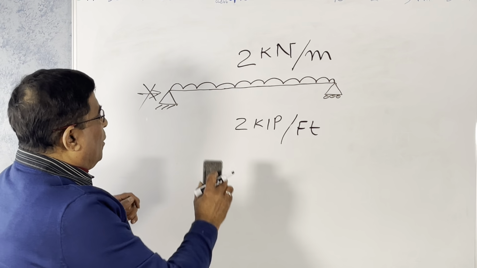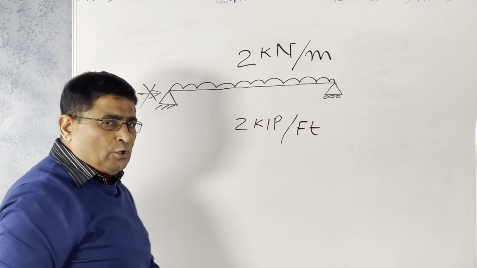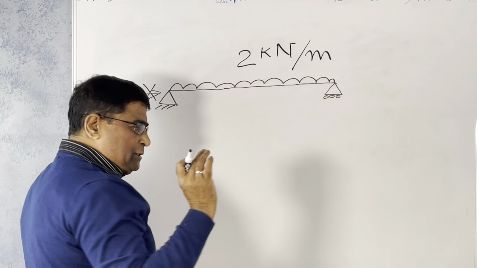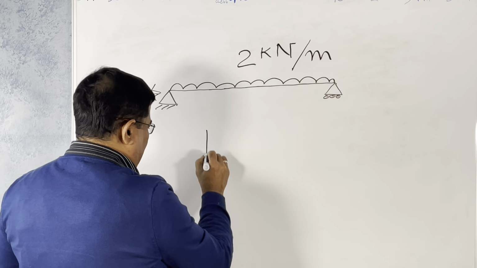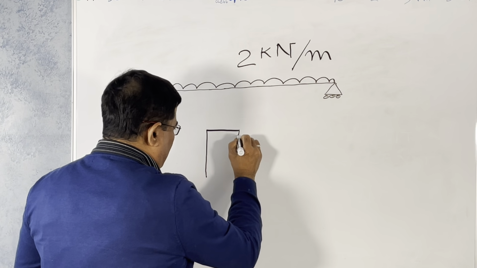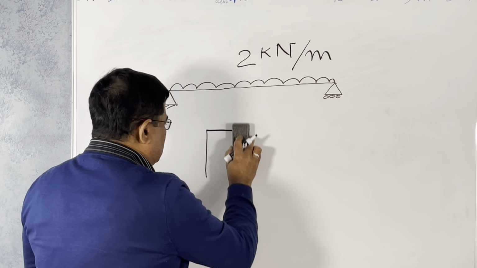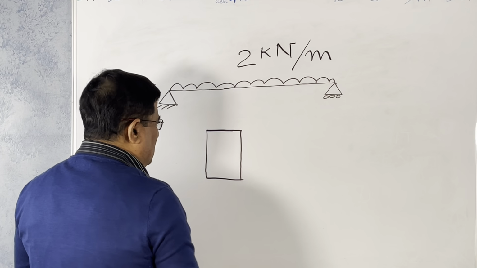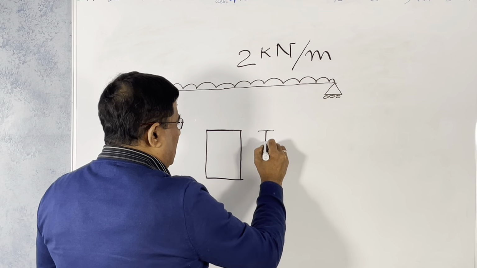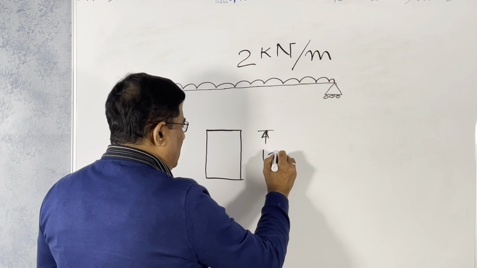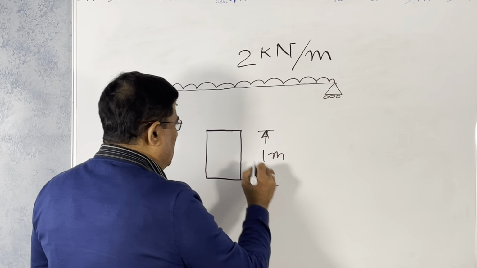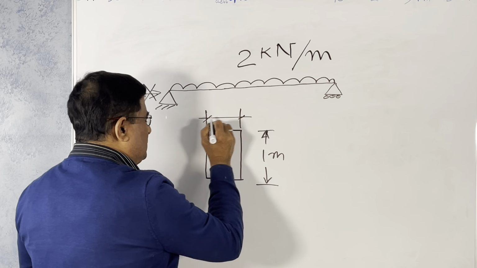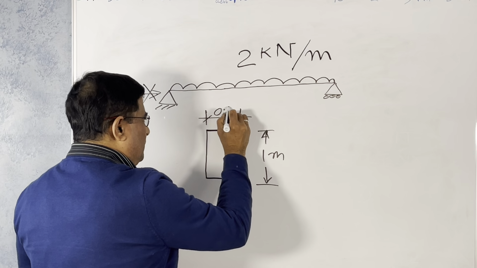But now, what is the uniformly distributed load? Where does it come from? Suppose you have a beam with a rectangular cross section. The beam has a depth of say 1 meter and the width is 0.5 meter.